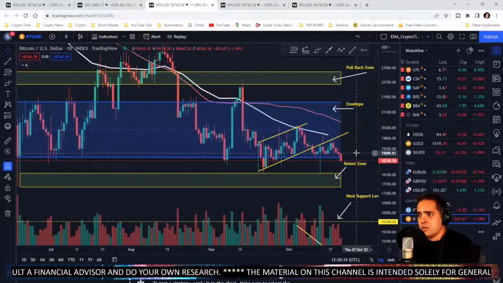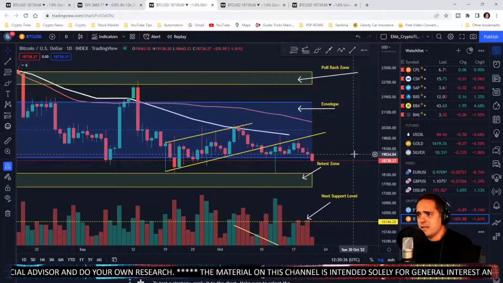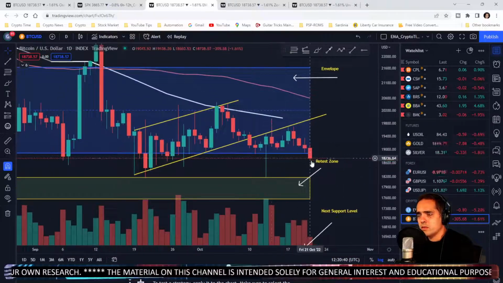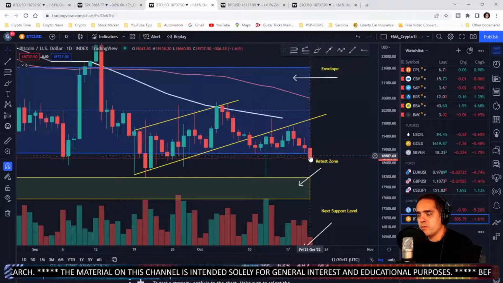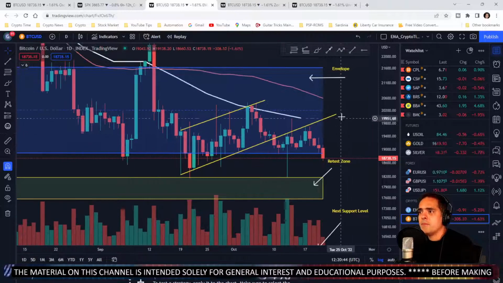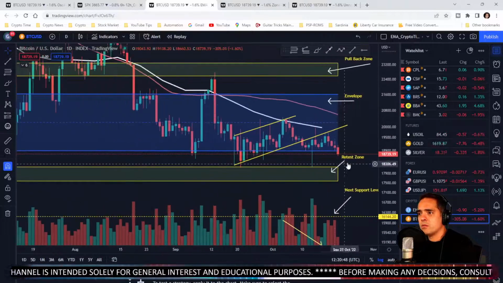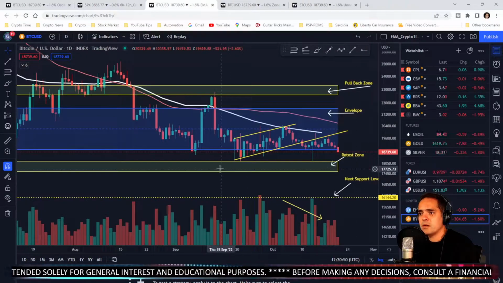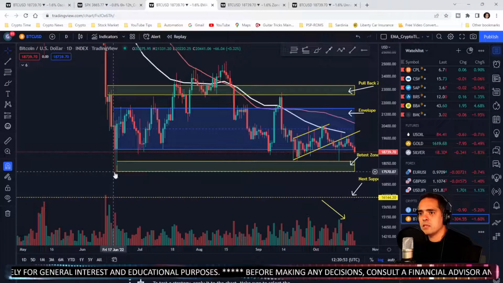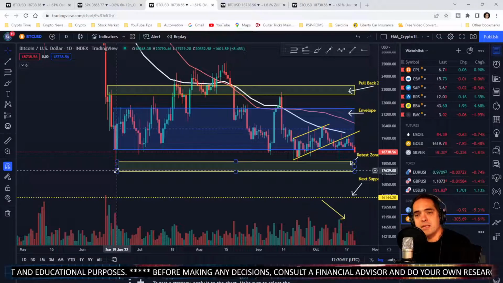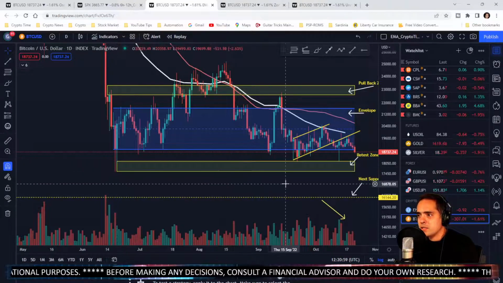And as you can see here today, again, it's the daily chart. So today we have this red candle right here. It's just a bit of breaking down this envelope region. And here we have the retest zone, which is basically, we are looking into this zone, especially at the 17K dollars.